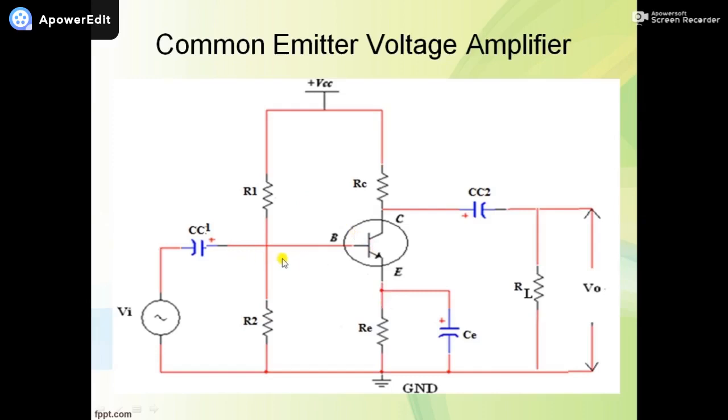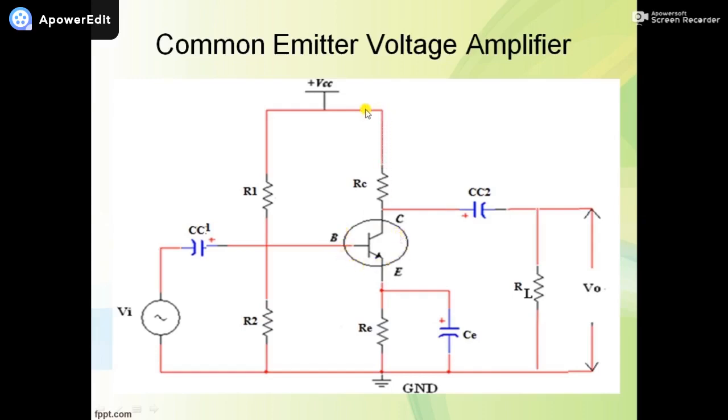But sometimes, due to some variation in the current, the operating point of the transistor may vary. If it changes its place, at that time the transistor is not used as an amplifier. So our aim is to keep the operating point of the transistor stable, or constant, in the active region.